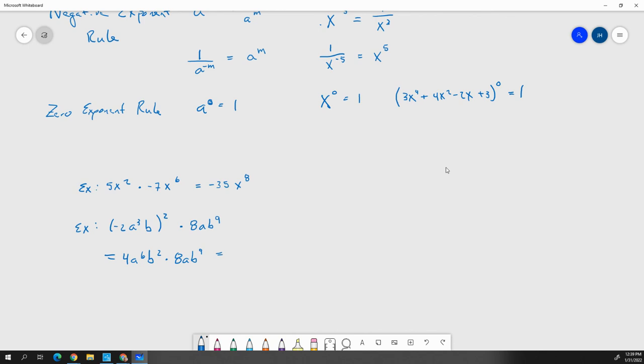We've got 4 times 8, which is 32. We have a to the 6th times a to the 1st, which gives me a to the 7th. B squared times b to the 9th is b to the 11th power. Does that make some sense? Are you kind of getting a feel for that?